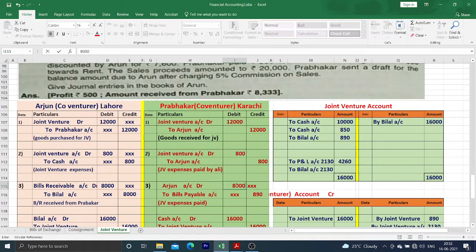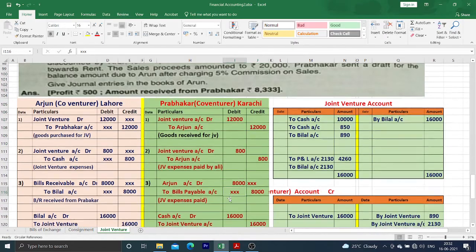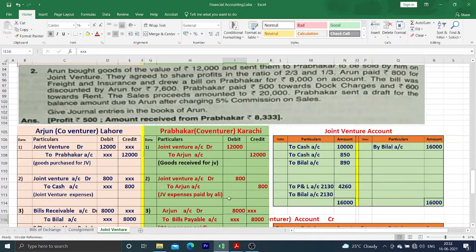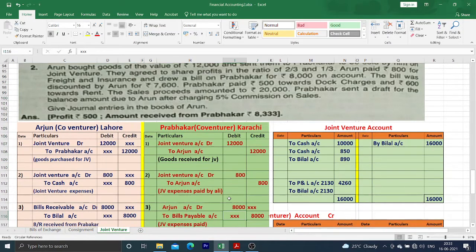Okay, we'll see later and change. 8,000 correct amount. The bill was discounted by Arjun for 7,600. Prabhakar paid 500 towards dock charges, 600 towards rent.